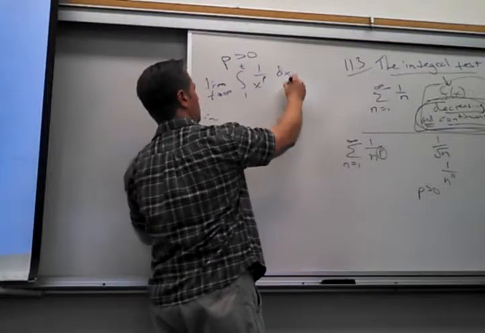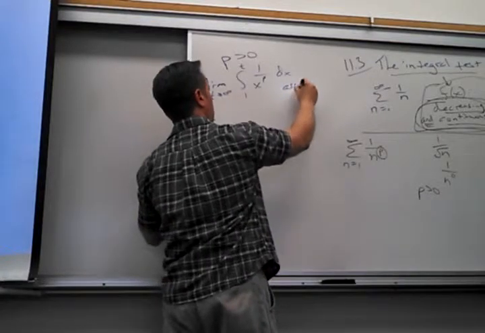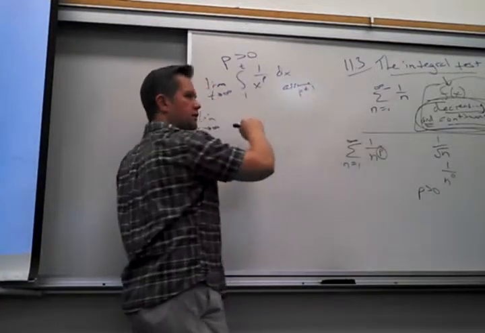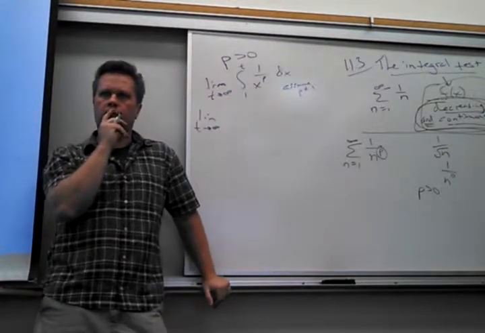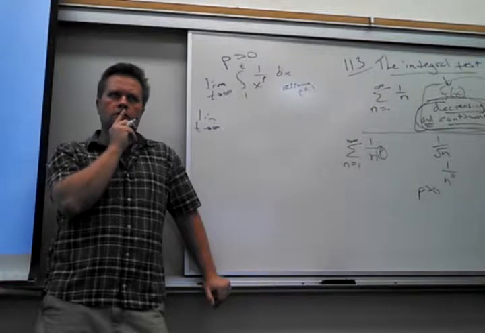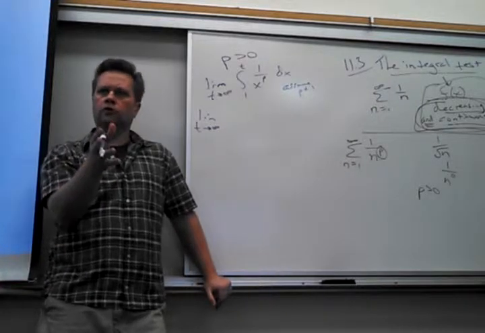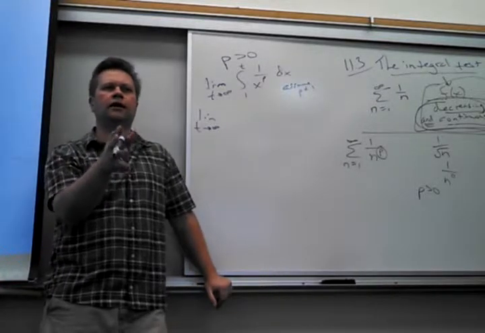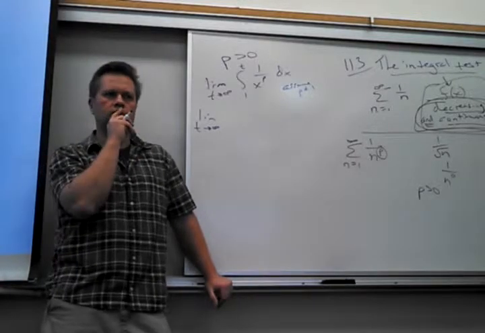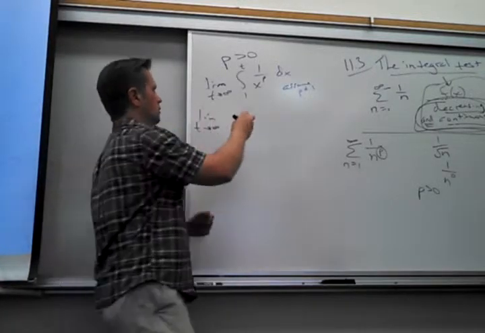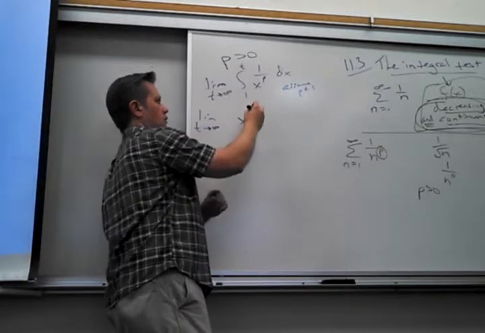Assuming P is not 1, because that brings in the ln, and we've already proven that that doesn't converge. This is a power rule. The only power that would bring an ln into play is the first power, and we already know that that diverges.